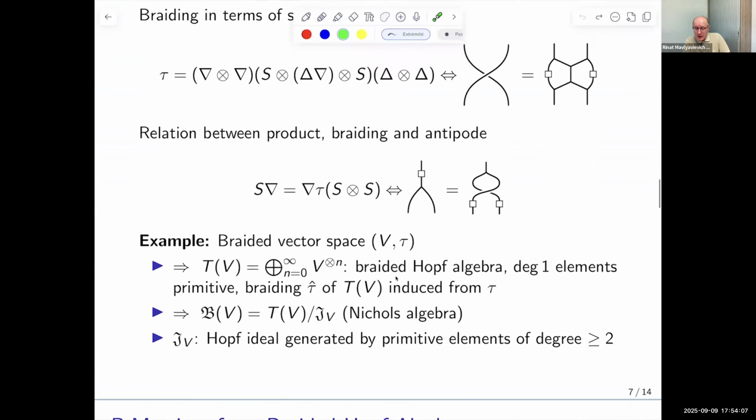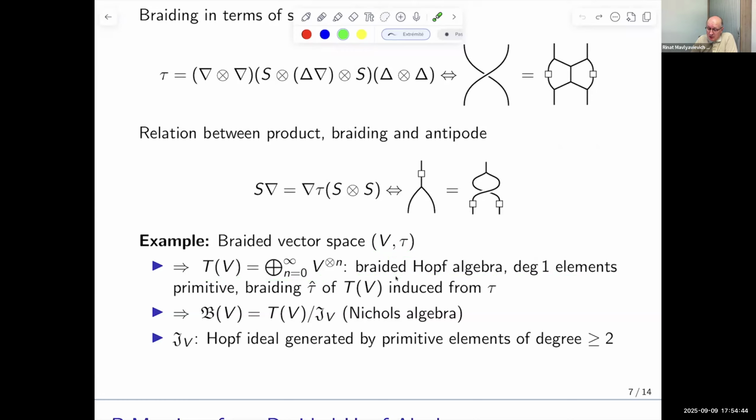Here is an example. It's one of the most important examples. So we take a braided vector space, which means that we have a vector space together with an R-matrix over it. And then we construct the tensor algebra. It is already an algebra, but in fact, it becomes a braided Hopf algebra if we declare all elements of degree 1 primitive.